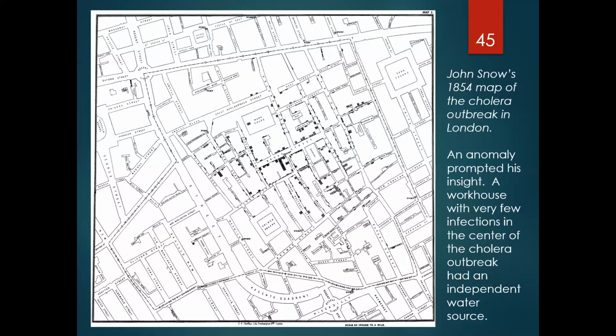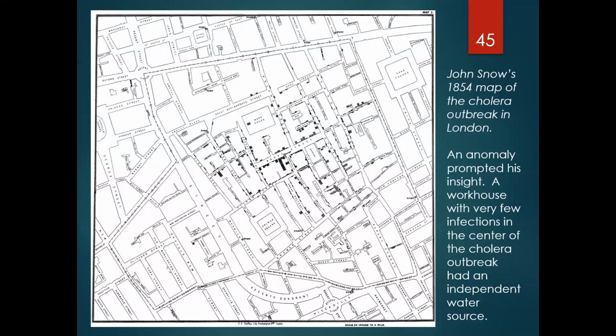That word is called miasma, right? But according to this map, it doesn't make sense, because if it is air, this workhouse here should also be severely infected. From this pattern seen on the map, John Snow analyzed and found that air, miasma, may not be the source of the disease.